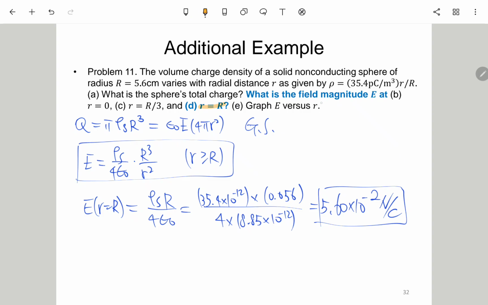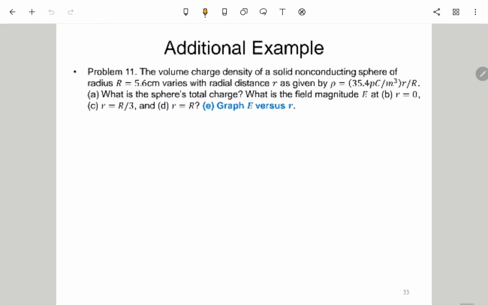Okay, and then we still have the graph of E versus r. So actually we know that E has two expressions.